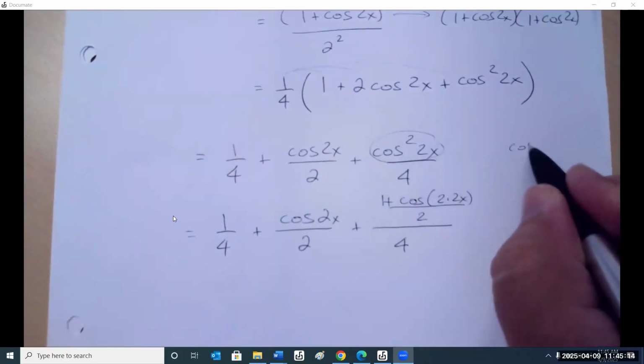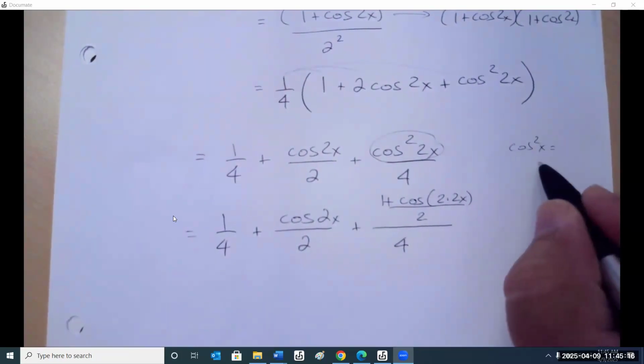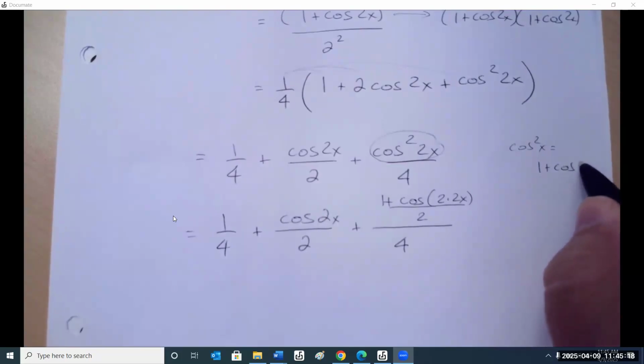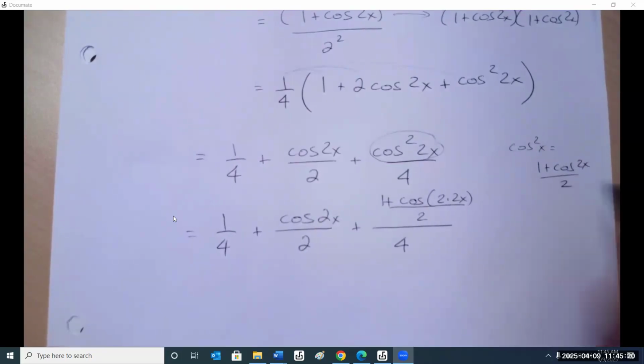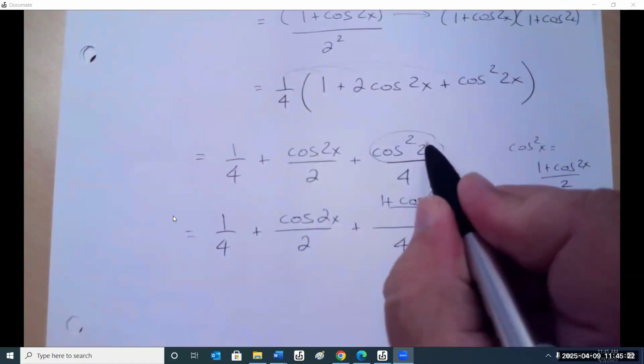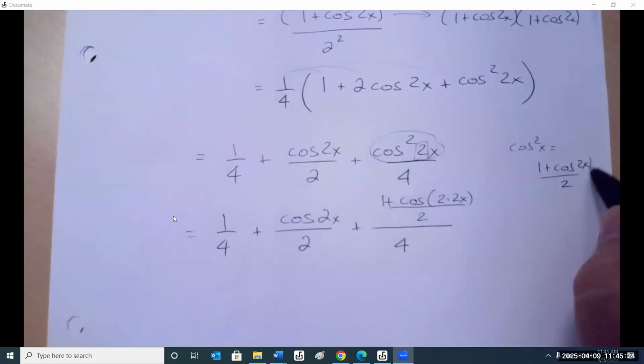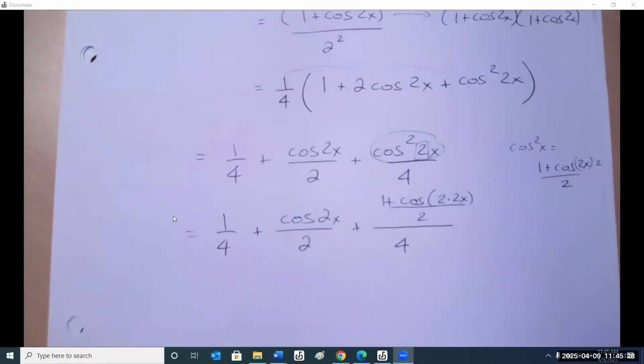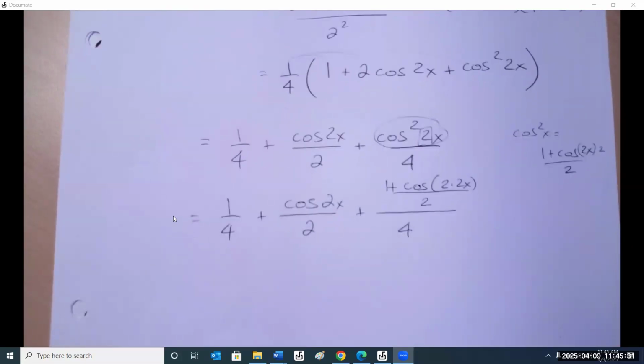Because we have cosine squared x is equal to 1 plus cosine 2x over 2. Since we have a 2 in front of there, we have to multiply that by 2. So what happens here?